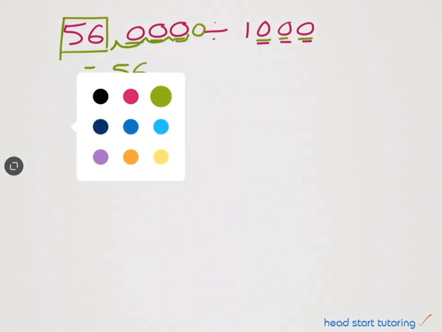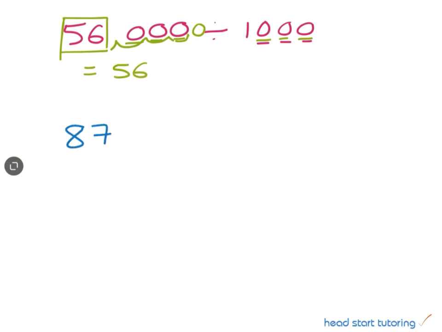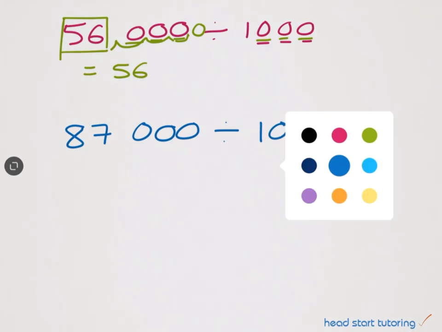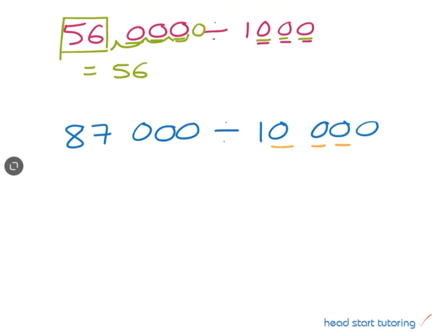Let's have a look at 87,000 divided by 10,000. So because 10,000 has 1, 2, 3, 4 zeros, we bring in 1, 2, 3, 4 decimal places. So our answer is equal to 8.7.